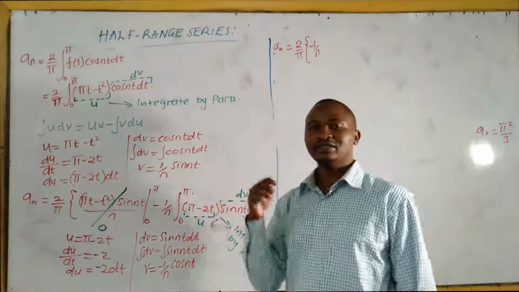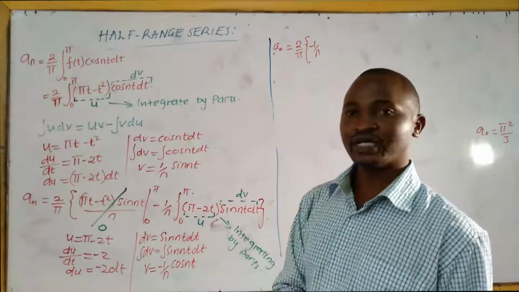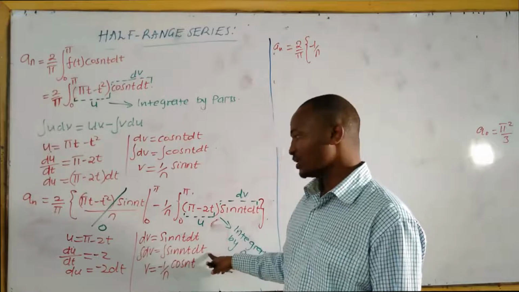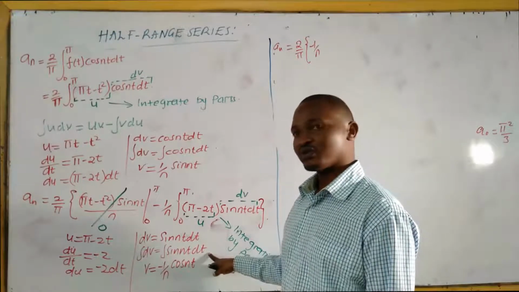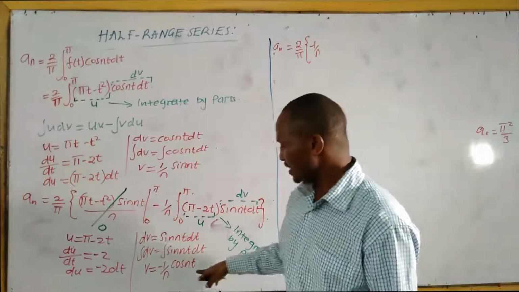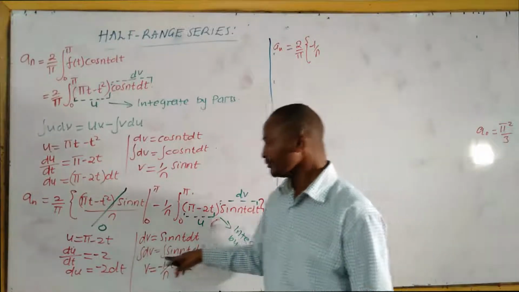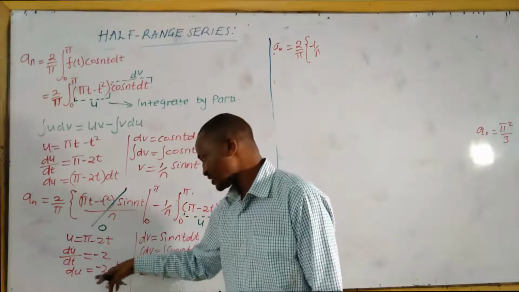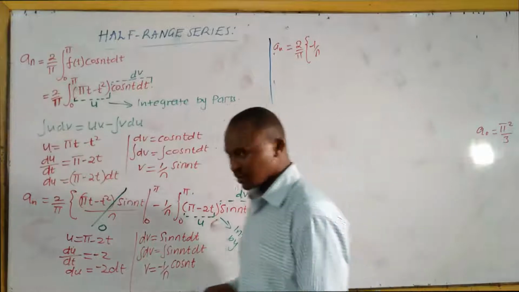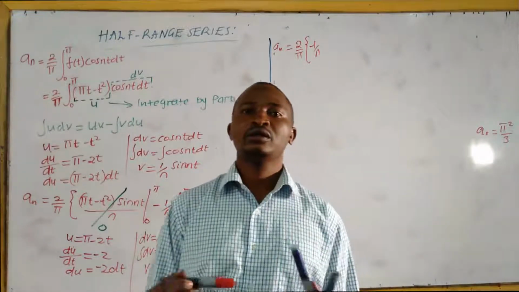Actually, when you are solving this, there are so many steps you can skip. For example, you can skip this step. I only include the steps so that you can understand. I usually skip this step. You can also skip this step. You can just multiply directly. Again, you can use the shortcut method.